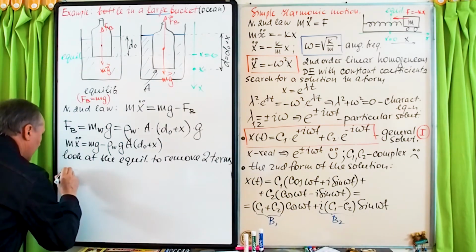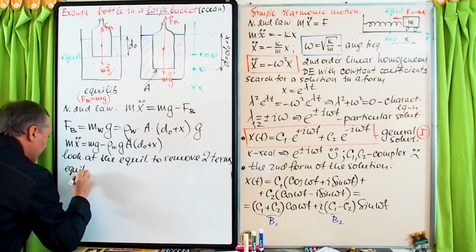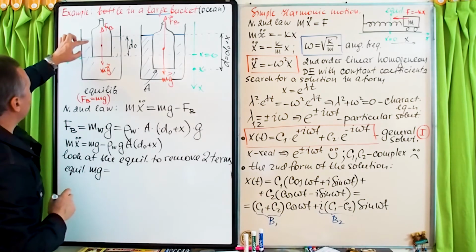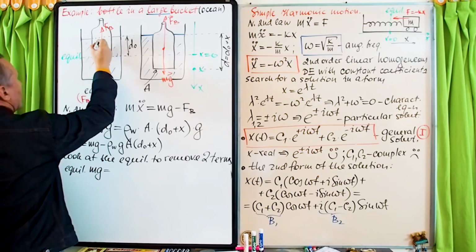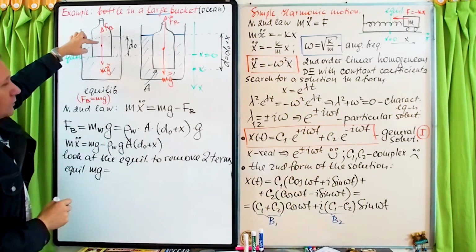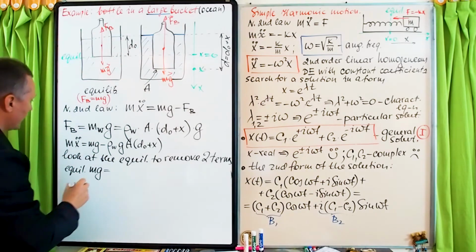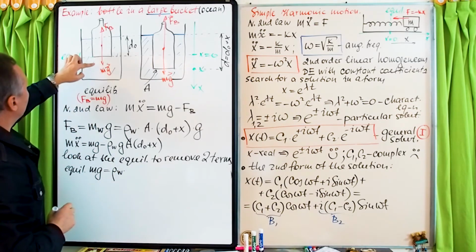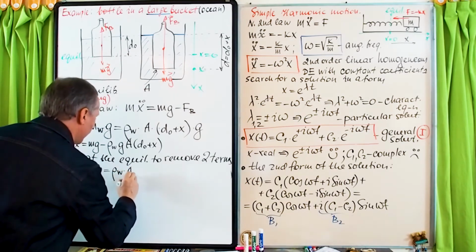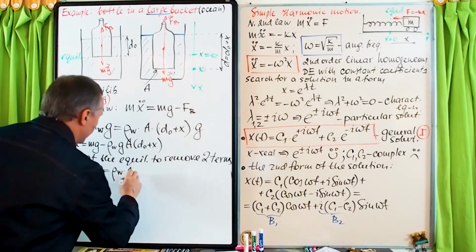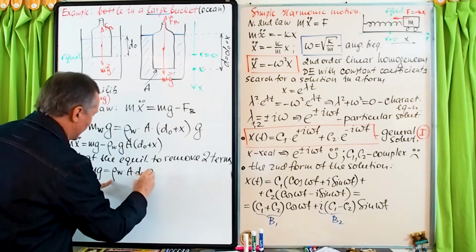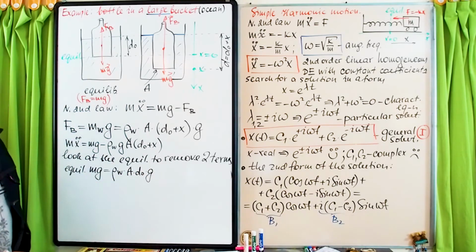So, equilibrium: mg equals the buoyant force. Now, of course, we will need to use the volume of the bottle, right? So it will be density of water, then volume, cross-sectional area A, height d naught, right? So rho times volume and now times g, right? Because it's the weight of the displaced water, right?